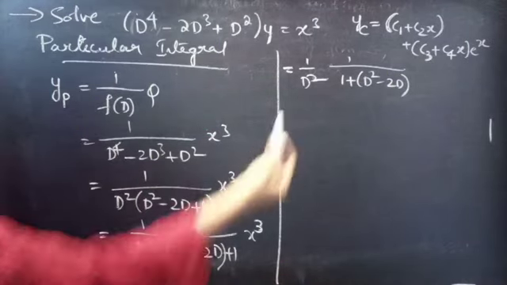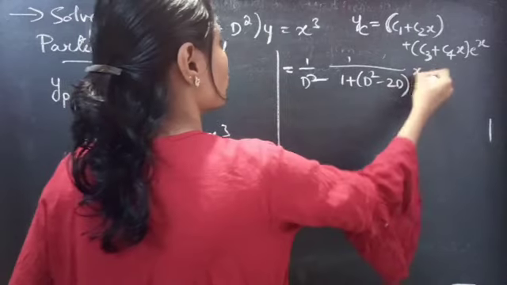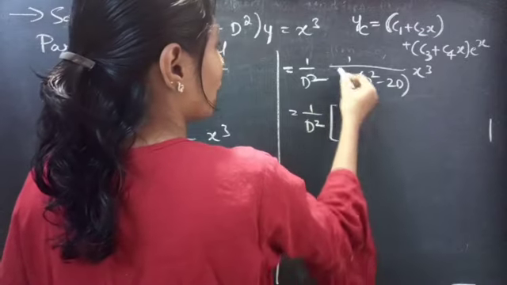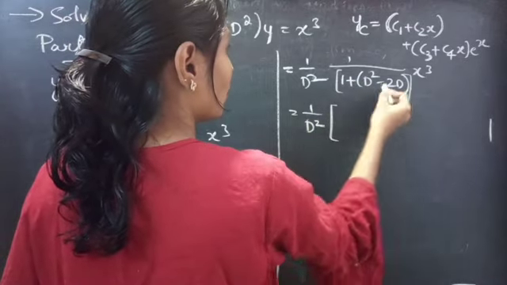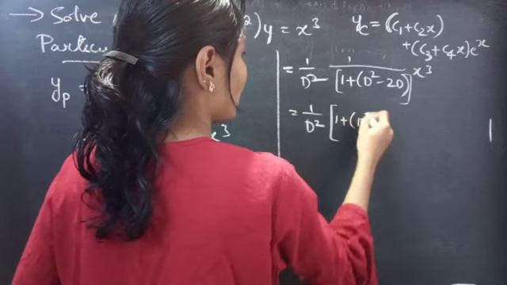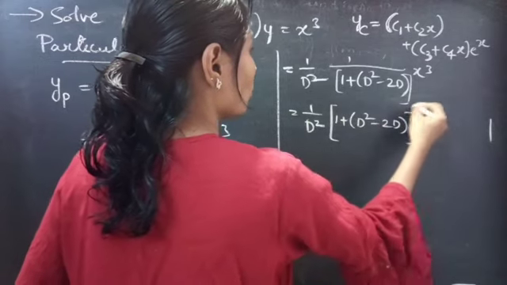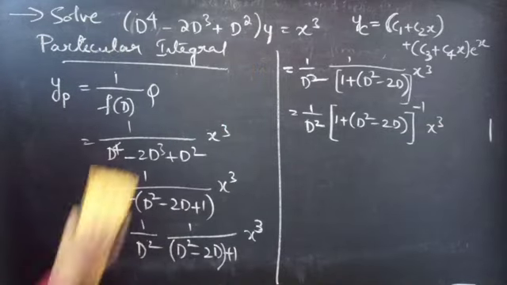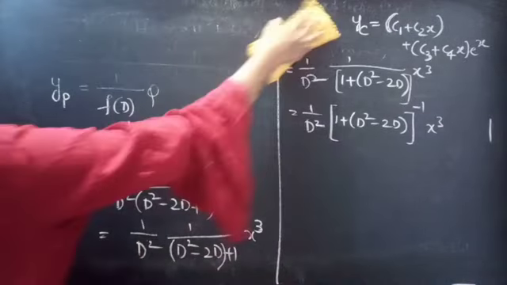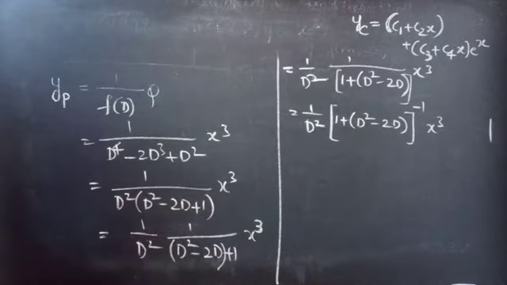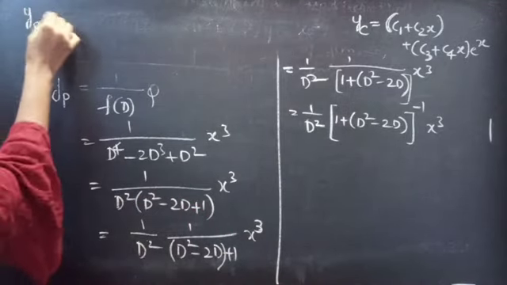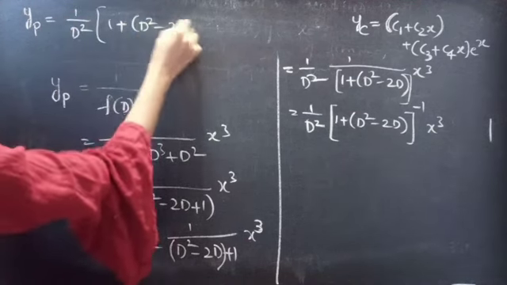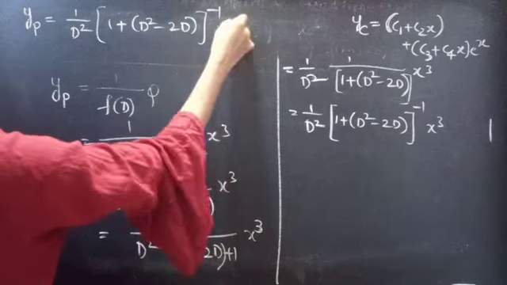Nothing has changed, into x cube, which equals 1 by D square into (1 plus (D square minus 2D)) whole inverse, into x cube. Now we have yp equals 1 by D square into (1 plus D square minus 2D) whole inverse into x cube.